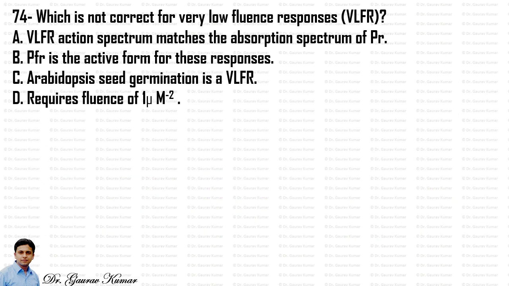Next question, which is not correct for very low fluence response, VLFR? If you have attended my lectures on plant metabolism, this is the last unit of that lecture, where I have described photoperiodism and the florigen hormone, etc. So this topic comes there.